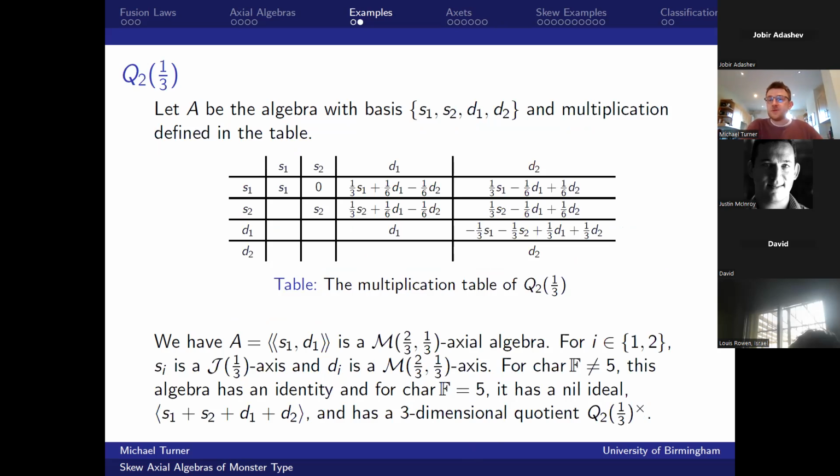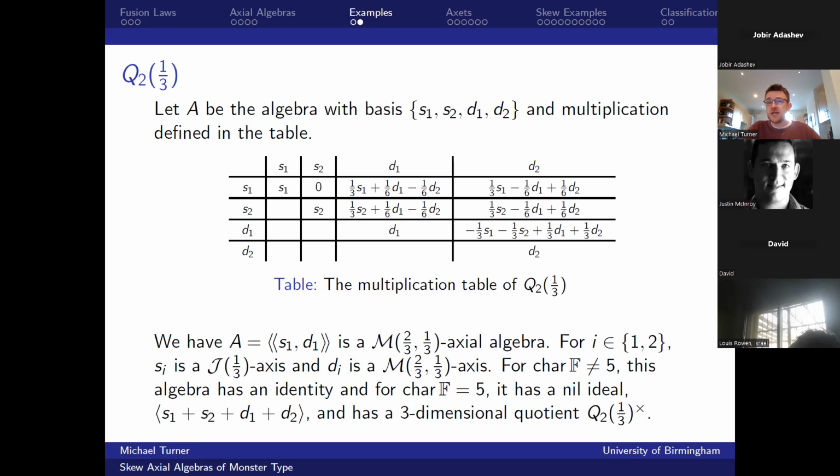So another algebra that's going to pop up is Q2(1/3). These algebras were constructed from looking at subalgebras of Matsuo algebras by Joshi in, I believe, 2020. So this algebra has a basis of S1, S2, D1, and D2. Multiplication is defined in the table.